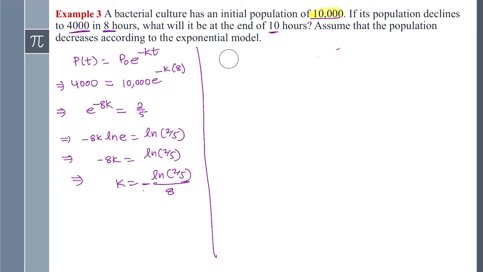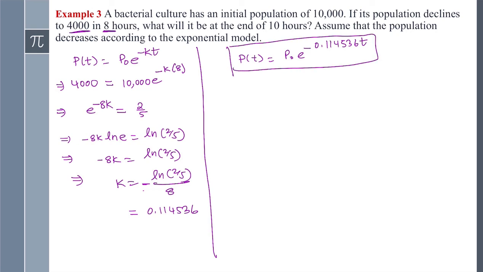We get k equals 0.114536. So let's write the function: P of t equals P naught e to the negative 0.114536 times t. So that is the function or the model that represents this decay.